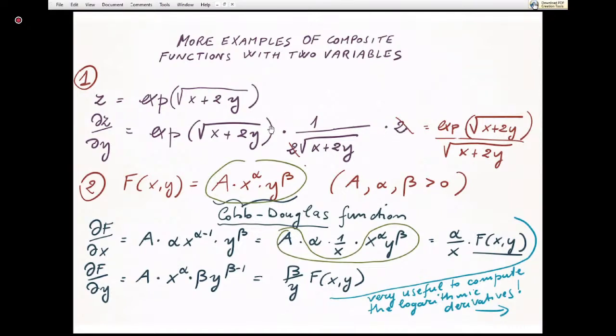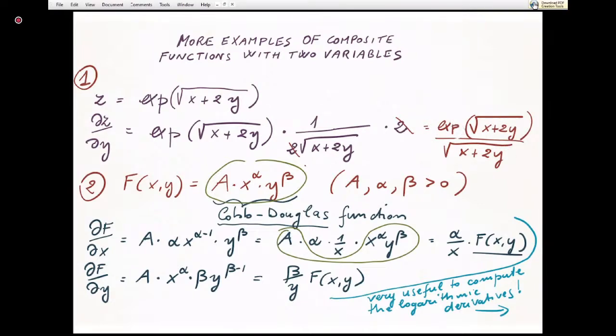This is again in 3 steps, you see? Derivative of the exponential with respect to the exponent, but the exponent is a square root of, okay? Then the derivative of the square root with respect to its argument times the derivative of the argument of the square root with respect to y. 3 steps again. Then I can simplify something here, and this is the final expression for the result.